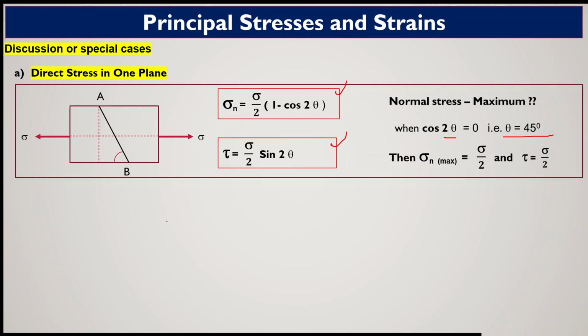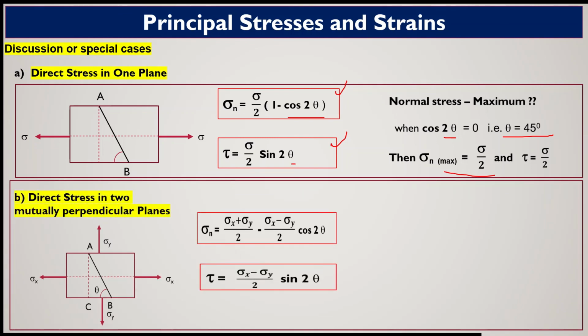So when this plane has angle 45 degree, the normal stress on this plane will be maximum, and that maximum will be sigma by 2, because cos 2 theta is 0 and 1 minus 0 is equal to 1. Correspondingly, when we put theta 45 here, sine 90 will be 1, so tau will be sigma by 2. Similarly we can evaluate sigma n and tau for different planes having different angles of inclination.